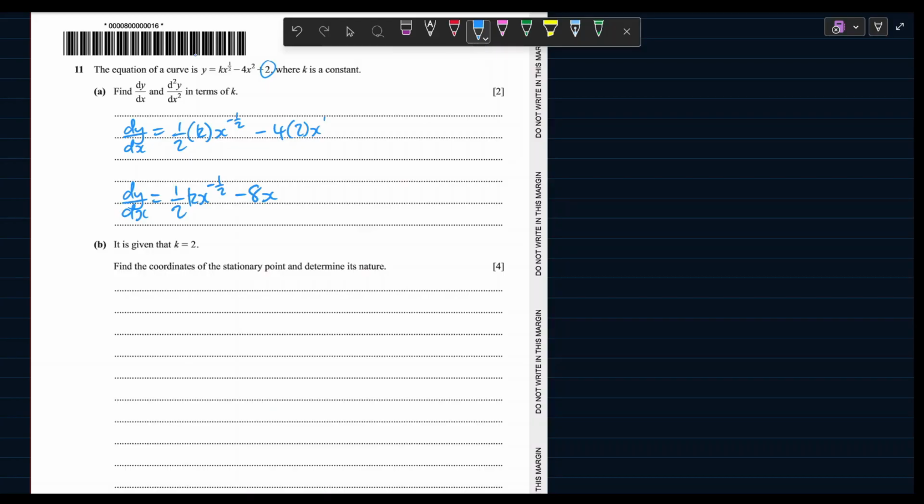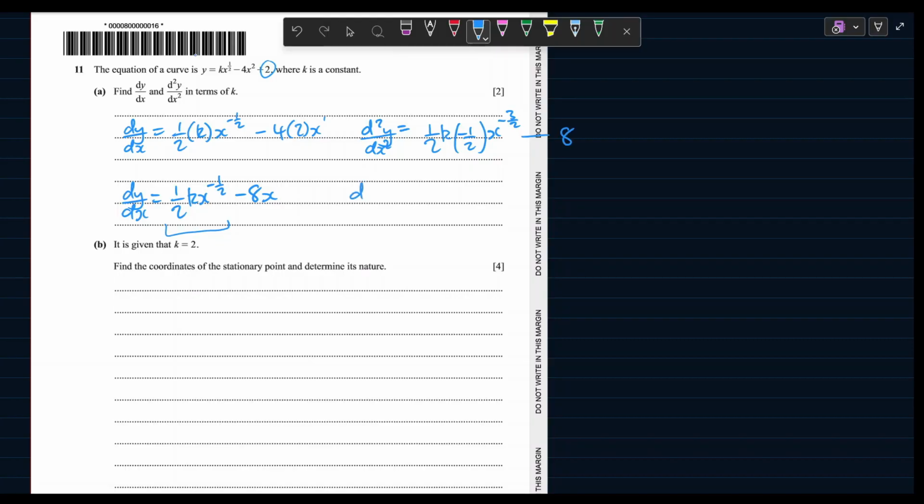Now let's find our second derivative, d squared y/dx squared. Okay, so we'll start with this term. So we've got our half, and maybe let me write k as well, and I want you to bring down the negative half, so negative half, and then we've got x, subtract 1 from negative half, you're going to get negative 3 over 2, and then differentiate negative 8x, you just get negative 8.